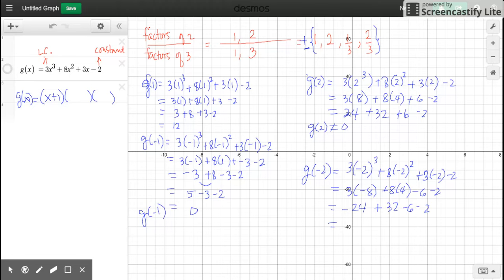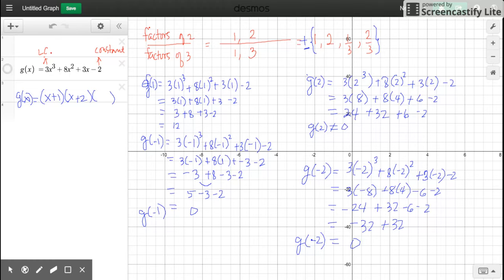If I add all the negatives, that's negative 32 plus 32, which gives me 0. So we know that negative 2 is a 0. Therefore, another factor is x plus 2. We just need one more factor. So we just need to find out which is another 0.